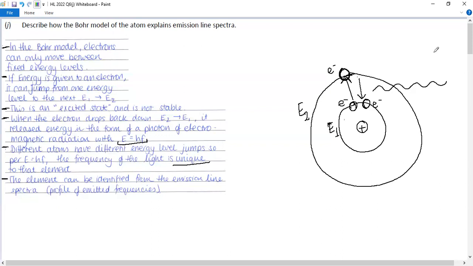The important things to have are that you know that there are fixed energy levels. You know that when you excite an electron, it can jump up. That's an excited temporary state. It will fall back down to its first energy level. And in the process of falling back down, a photon of electromagnetic radiation is emitted. You definitely should have your E equals hf in there.